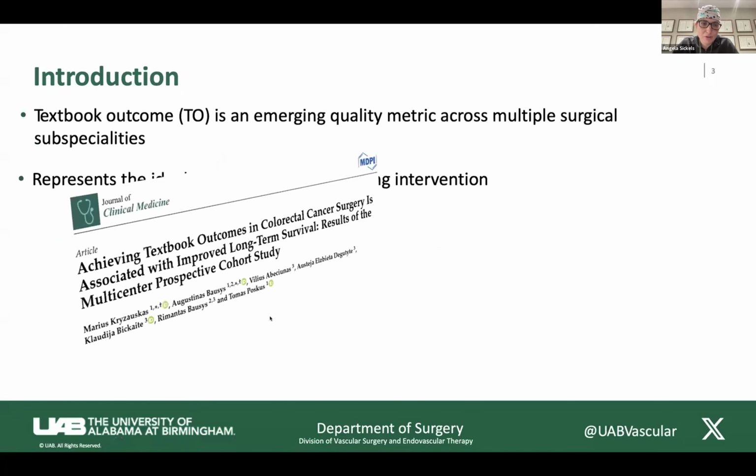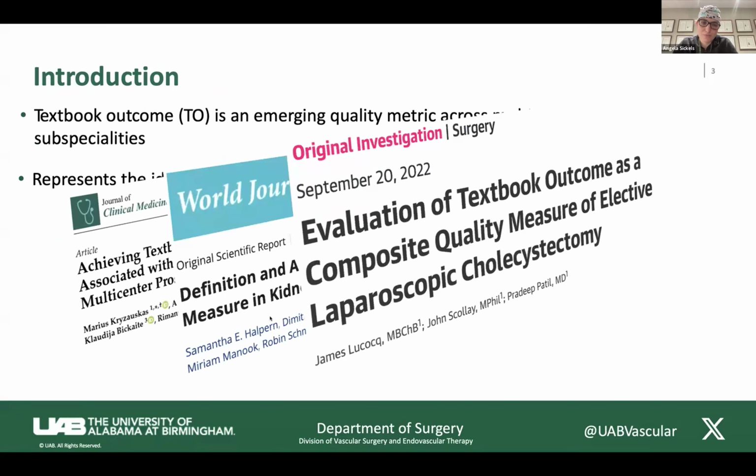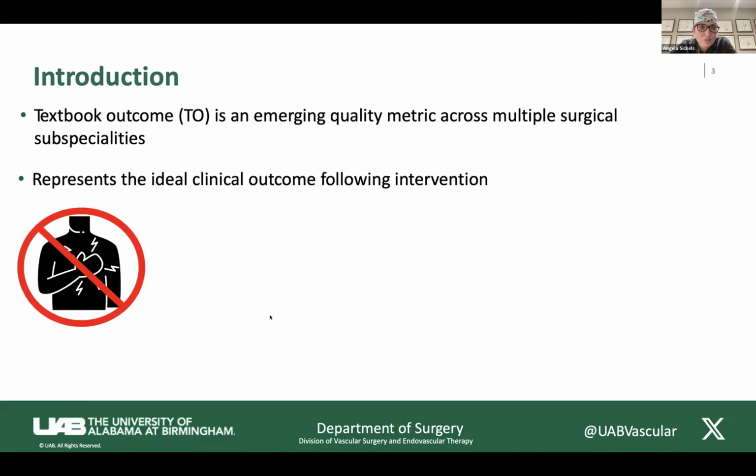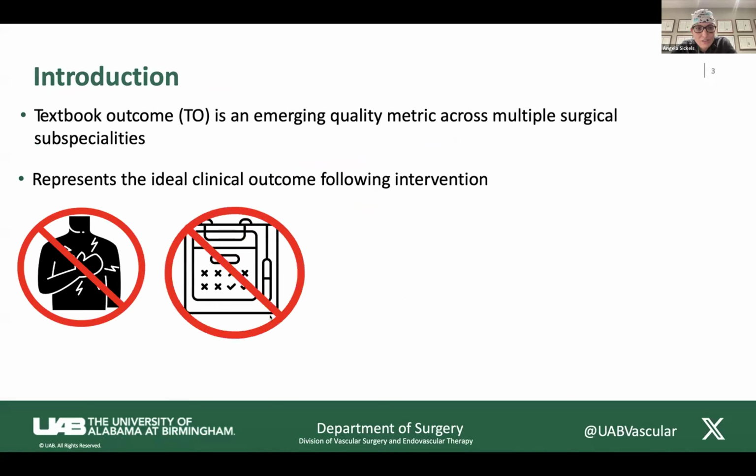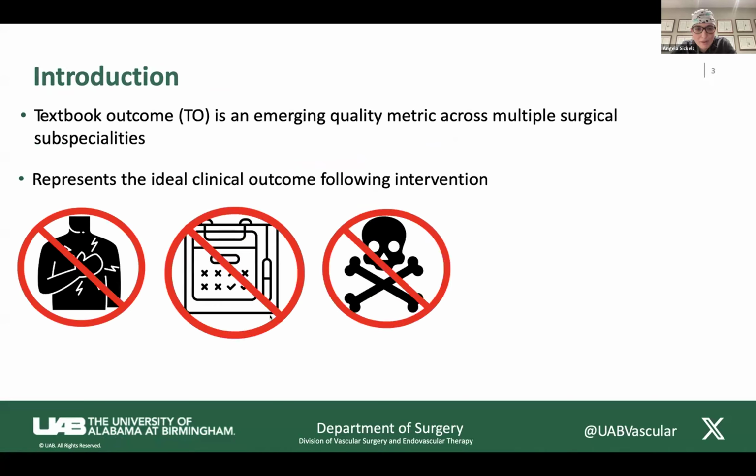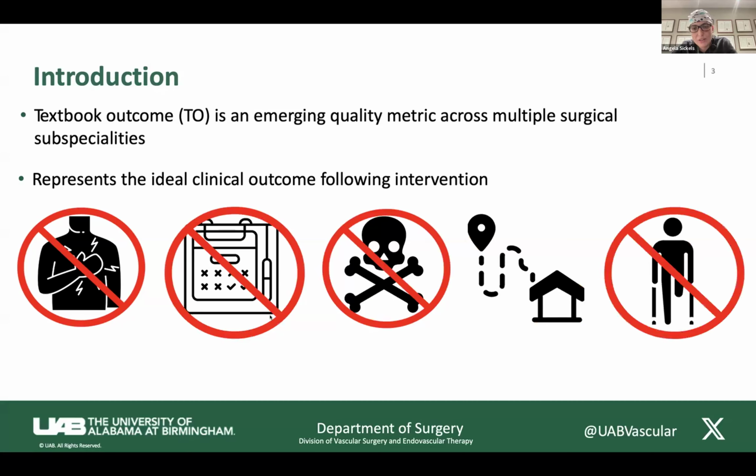It's emerged across several different surgical specialties, and overall concepts are pretty consistent among the definition of textbook outcomes. Essentially, no major surgical or medical complications, no prolonged length of stay, no perioperative mortality, discharge to home or previous residence, and then what we included specific to lower extremity bypass was the freedom from a major adverse limb event.